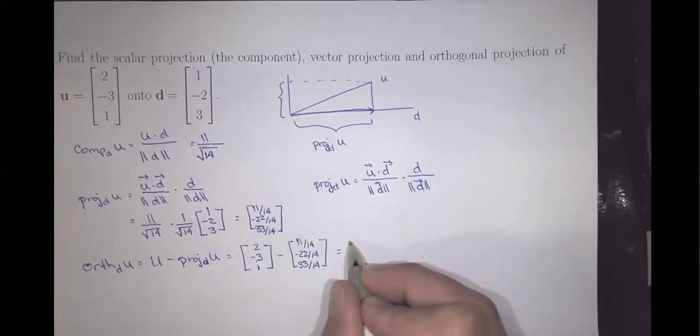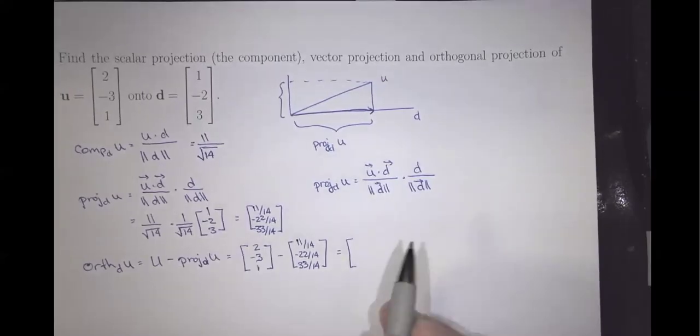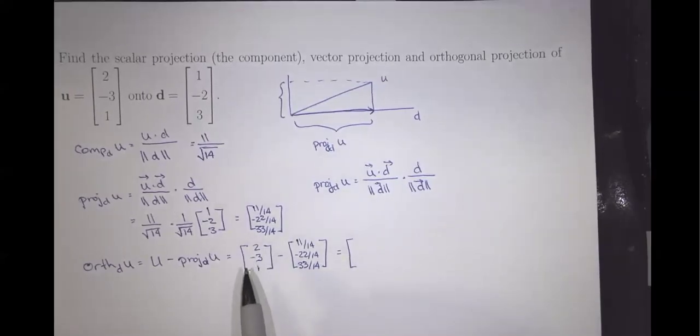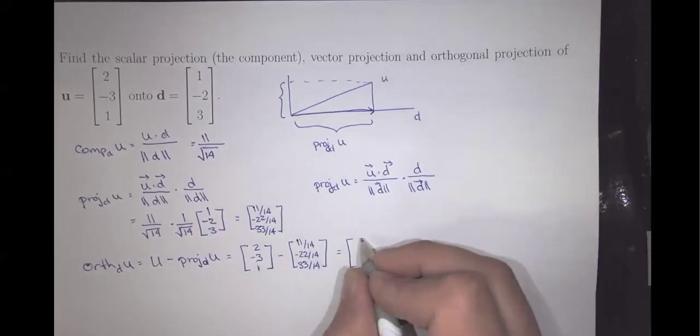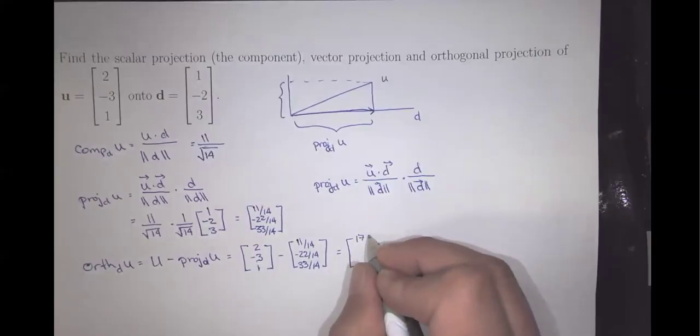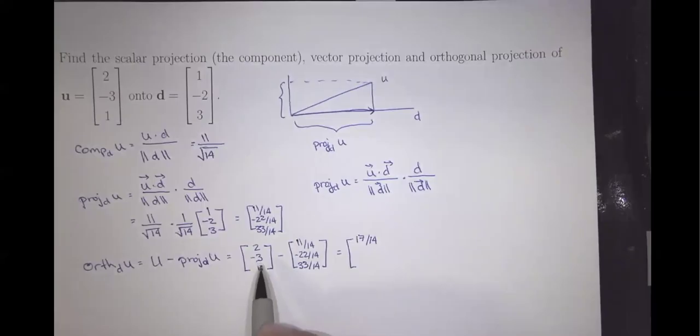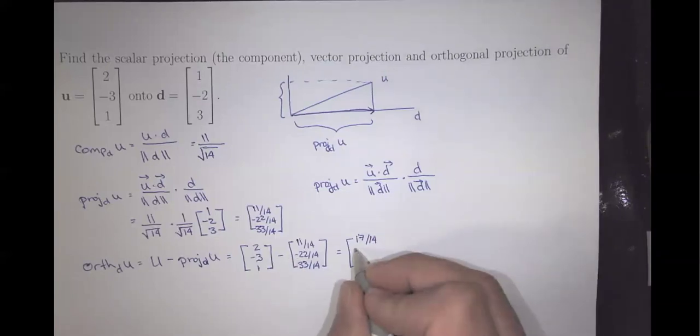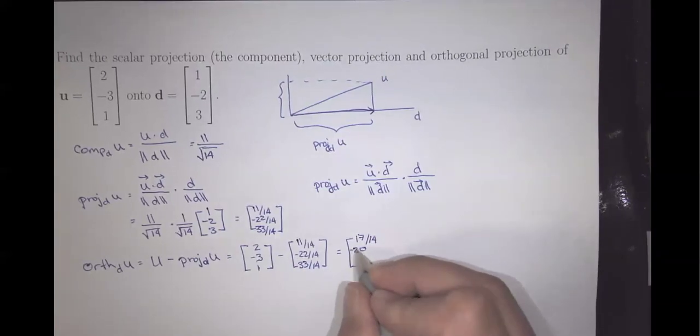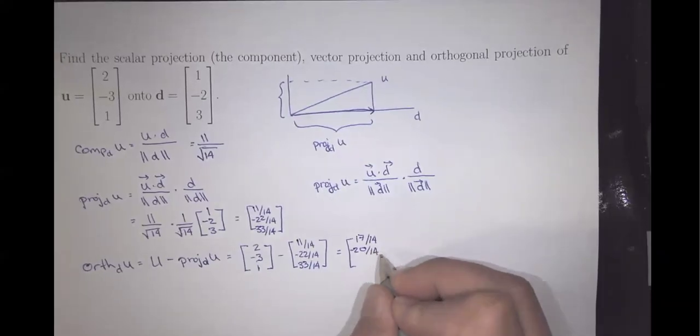And if we do out that arithmetic, 2 is 28. 28 minus 11 is 17/14. 3 is 42, so -42 plus 22 is 20, -20/14.